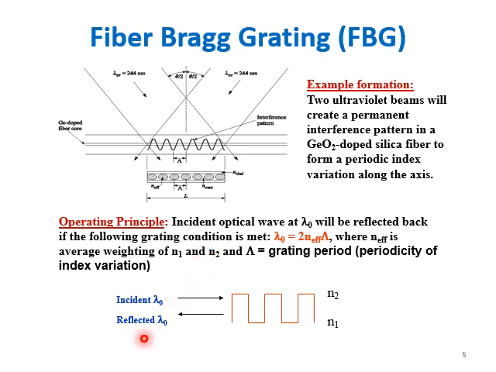Lambda naught can be found as 2 n effective times lambda, where n effective is nothing but the weighted average of n1 and n2, and lambda is the grating period, which can also be called the periodicity of index variations. As you can observe, we have this difference from interference peak to peak.